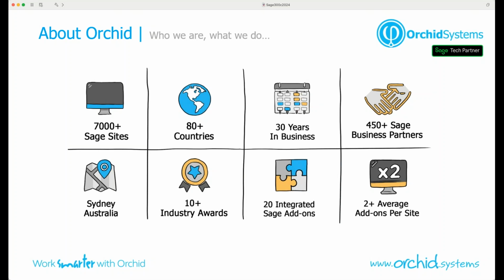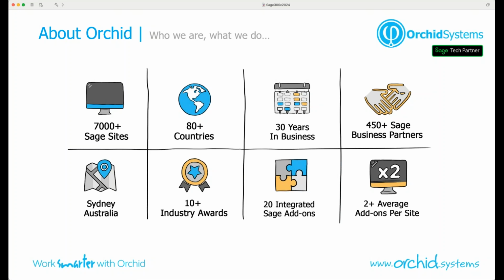And this is why we're able to have such a large customer base, because we work through your current Sage 300 business partner in supporting you locally. So we provide the technology and our expertise in EFT processing in this case, but it's still your business partner who supports you locally with your day-to-day workings. We're based in Sydney, Australia, and have received many awards from Sage for our modules over the time.